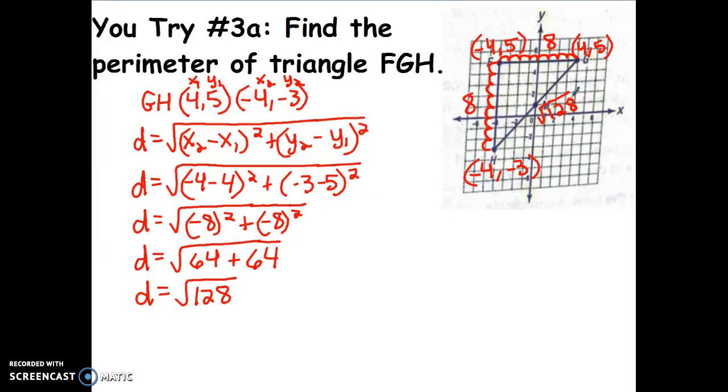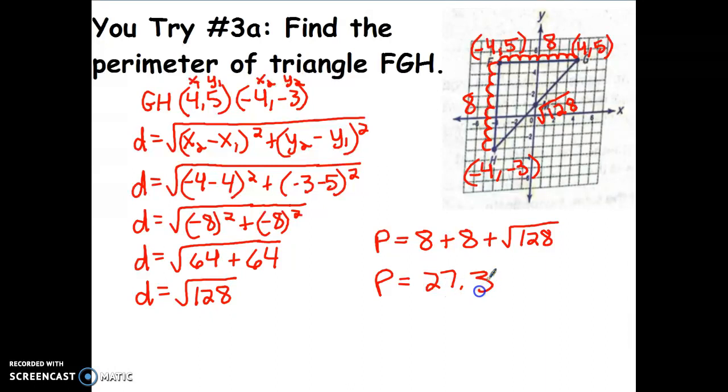Now to find the perimeter, we add up all of these sides. The perimeter equals 8 plus 8 plus the square root of 128. You just put it in your calculator just like that, and at this point you do want to round. The perimeter rounded to the nearest tenth is 27.3.